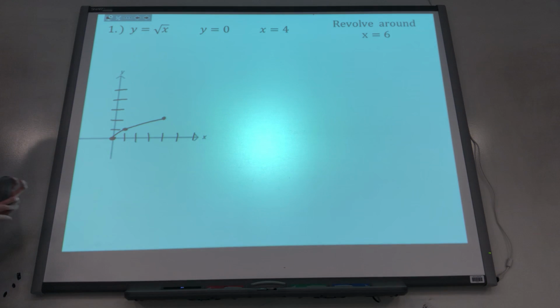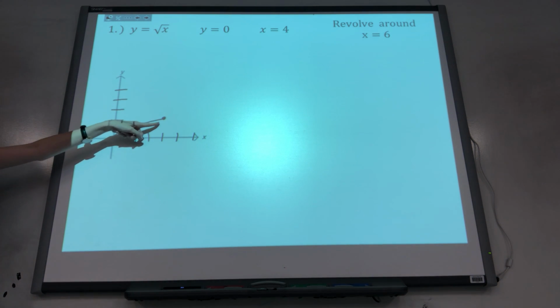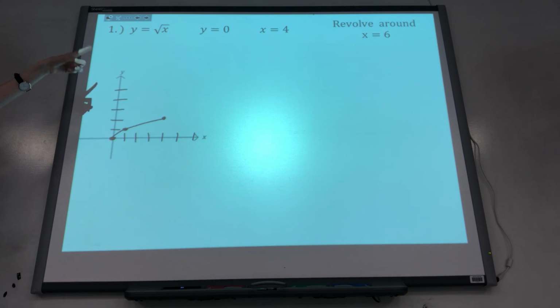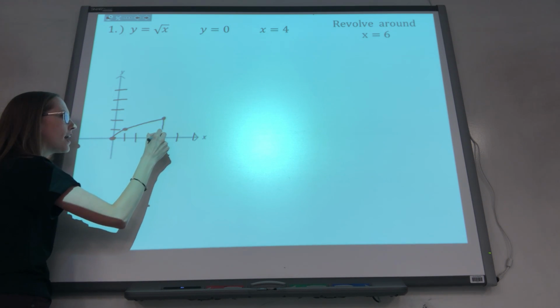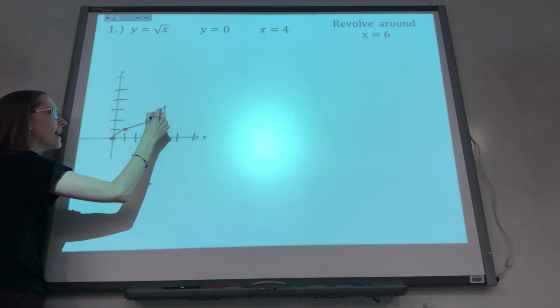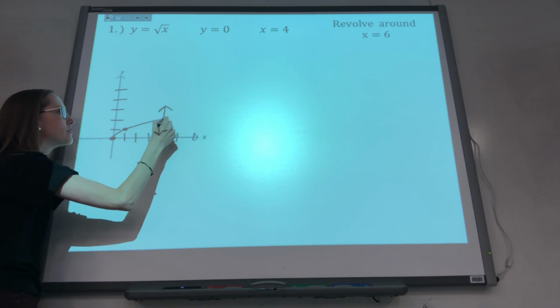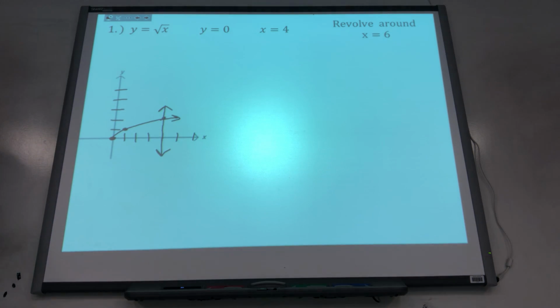And I'll probably stop the square root graph right there, because if you look at that third equation, it says x equals 4. So that is going to be a vertical line at x equals 4. I guess if you want to draw the whole thing, you can.